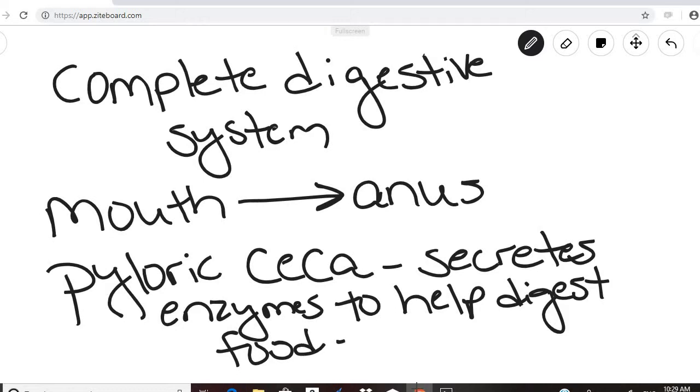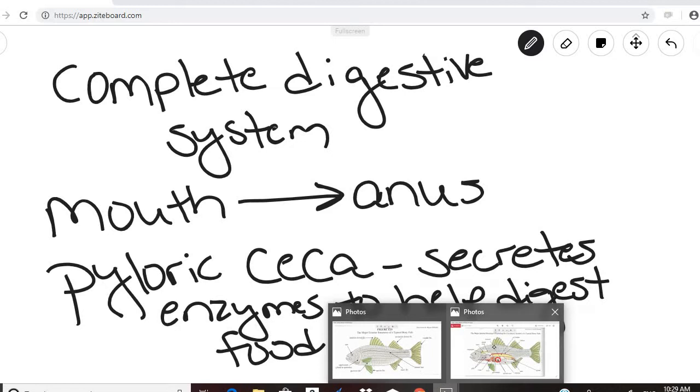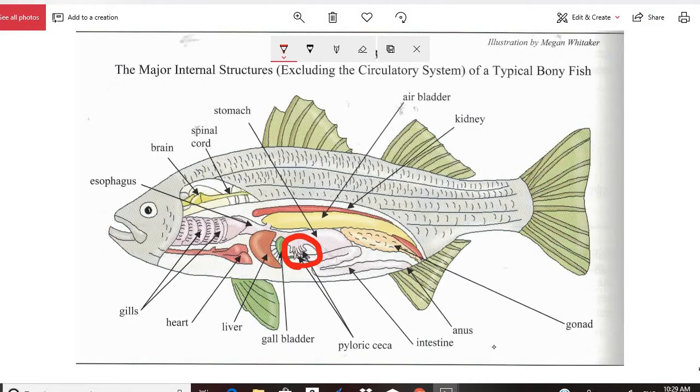You can see that pyloric ceca is near both the stomach and the intestine. And so here's the stomach and here's the intestine.